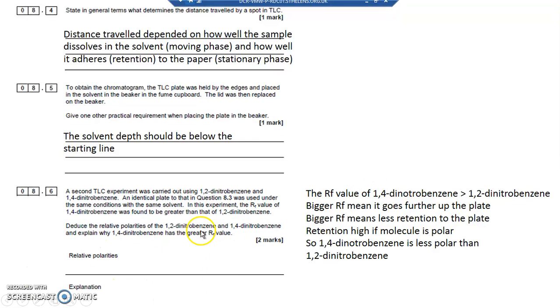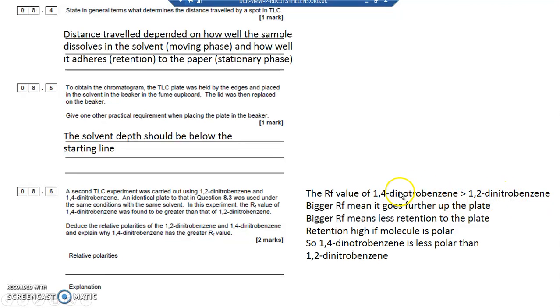So the RF value of 1,4-dinitrobenzene is larger, so the 1,4-dinitrobenzene has gone further up the plate. If it's gone further up the plate, it means that the 1,4-dinitrobenzene has dissolved better in the solvent, the moving phase, and it's not adhered or been retained to the paper as much as the 1,2-dinitrobenzene.